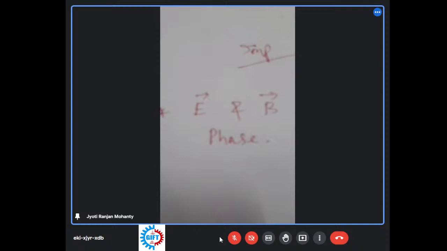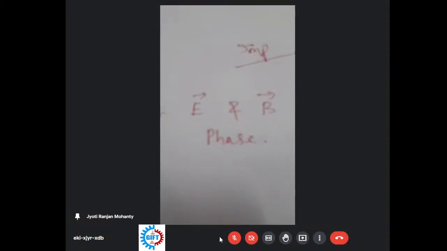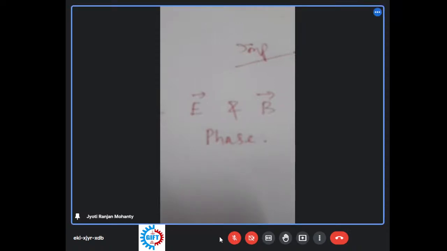E and B have same relative magnitudes at all points at all times.